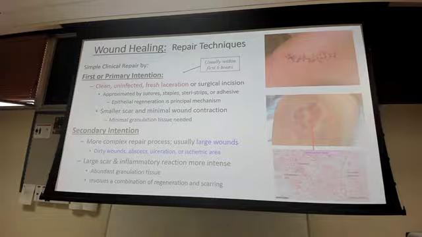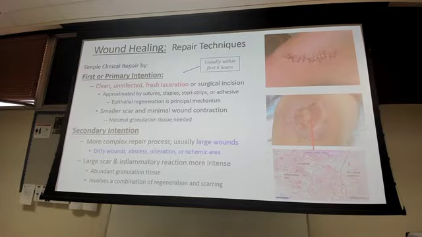If we can bring the edges close together, then we allow the epidermis to regenerate a lot faster, a lot sooner, because you're going from a few millimeters to maybe half a millimeter for those skin cells to come together, reducing the amount of scar that can be made.